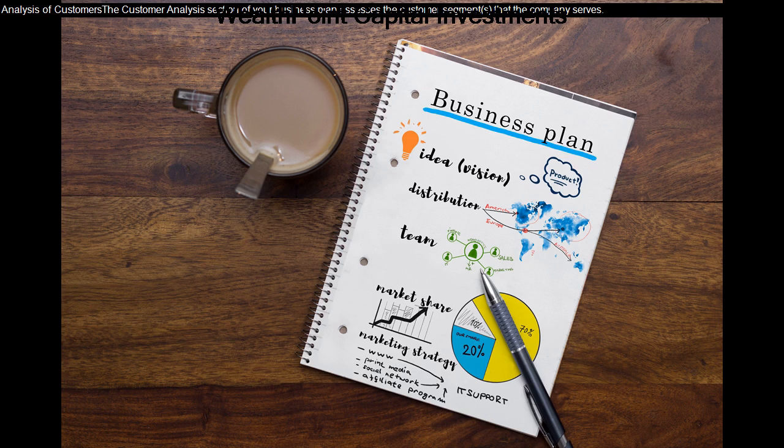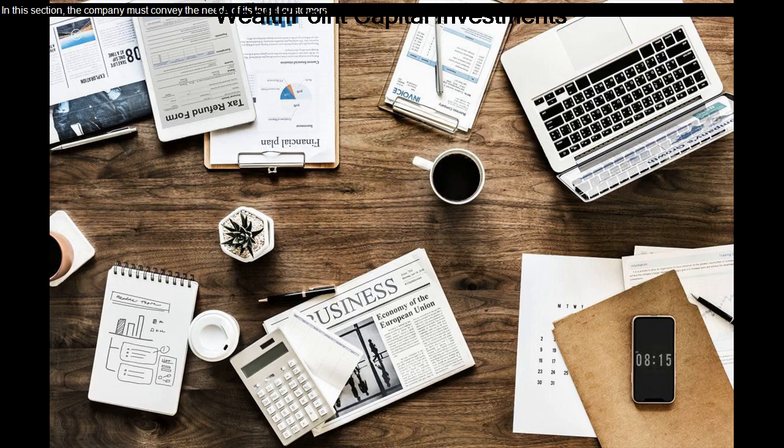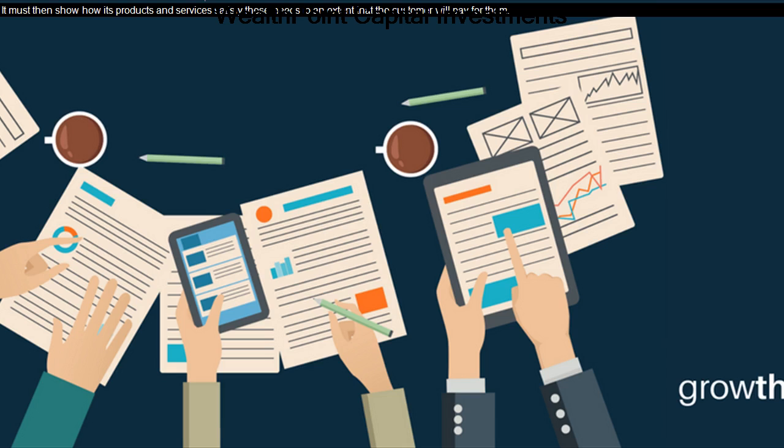Analysis of customers. The customer analysis section of your business plan assesses the customer segment that the company serves. In this section, the company must convey the needs of its target customers. It must then show how its products and services satisfy these needs to an extent that the customer will pay for them.